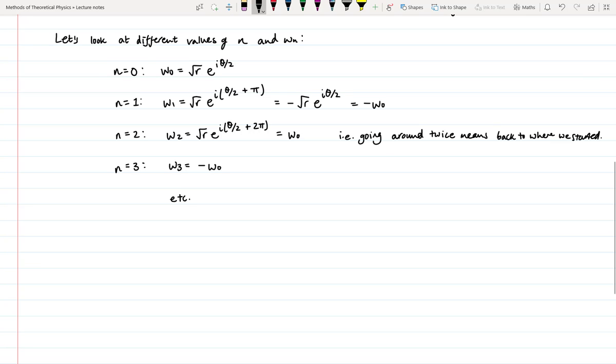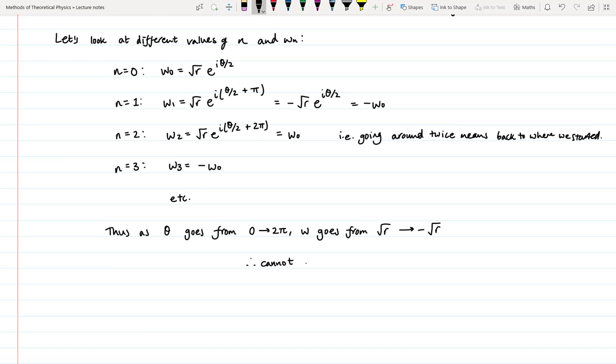What does this mean? This means that as theta of our complex number z goes from 0 to 2 pi, in other words, we rotate the vector for the complex number z about the origin once, w goes from being defined as the square root of the modulus of z to minus the square root of the modulus of z.